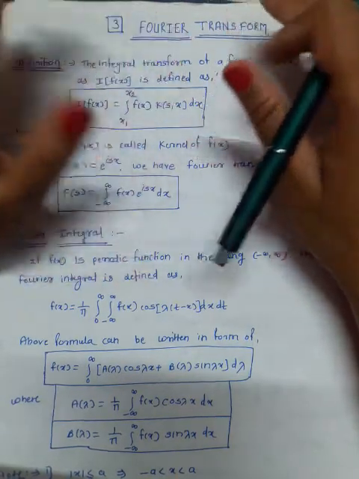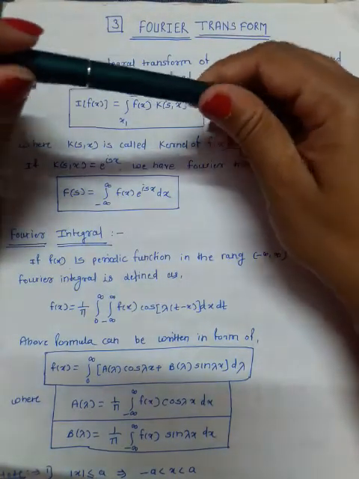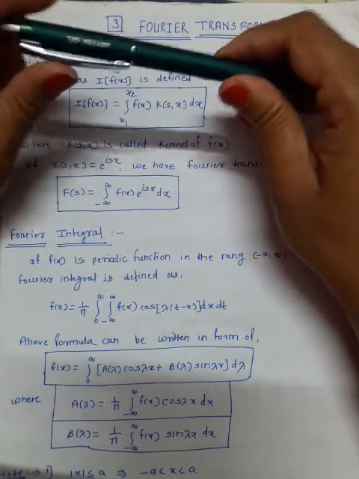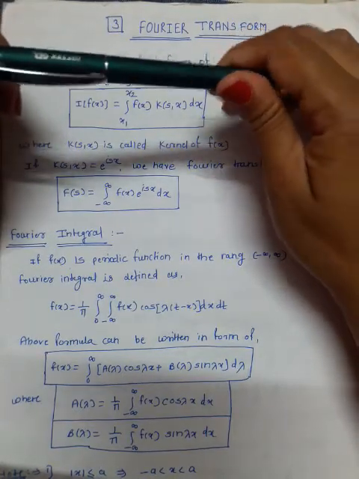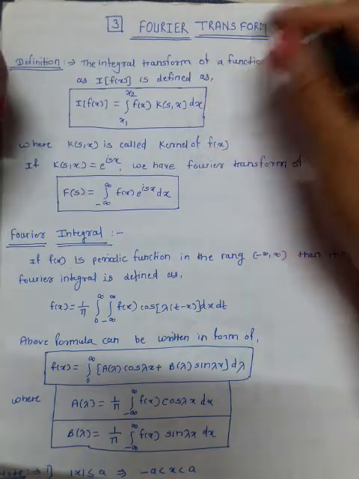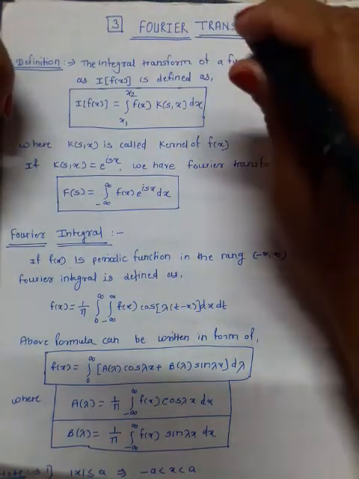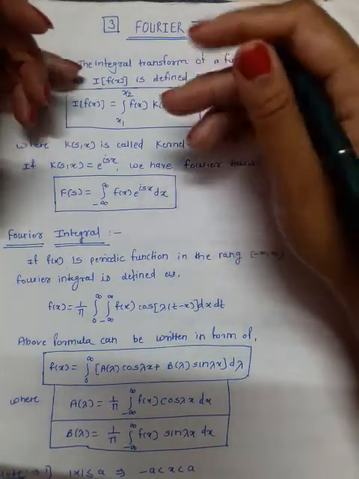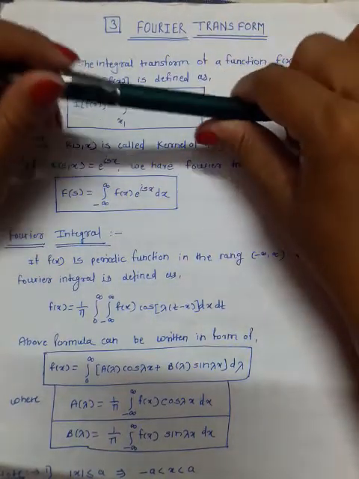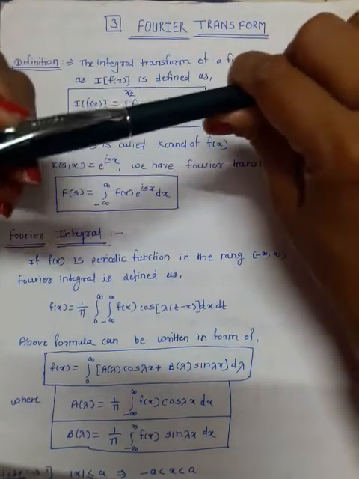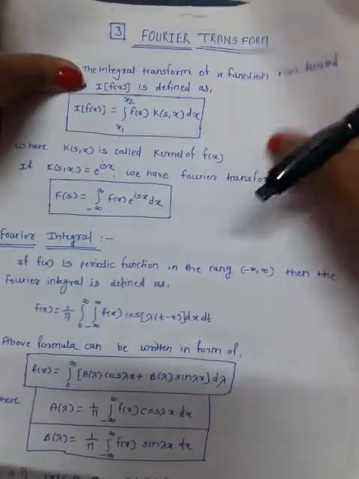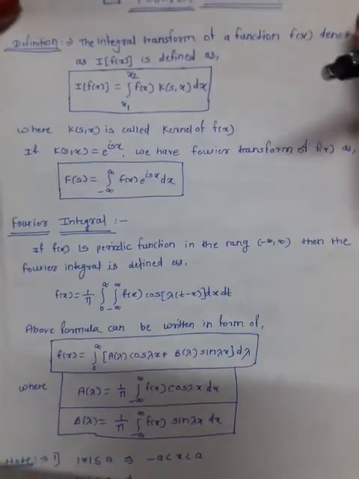You have seen that in inverse Laplace transform almost 100 questions were covered, but in this chapter there are hardly 30 to 40 examples only. Now let us see our next chapter, that is Fourier transform.